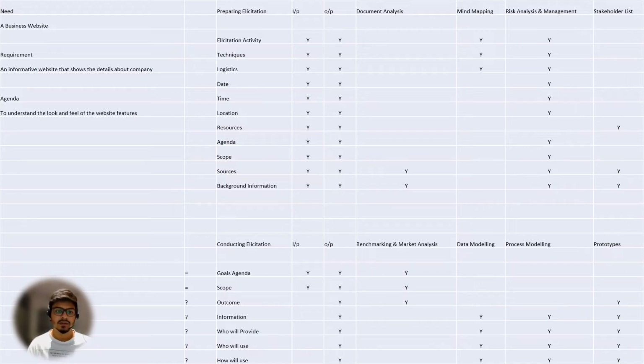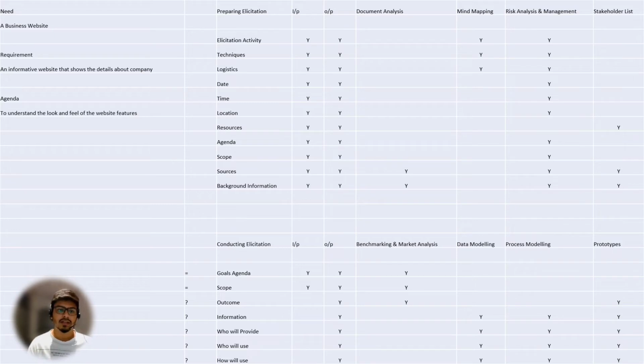The agenda is already set, and that is done by managing and also by risk analysis. The scope here is also managed by understanding what you need. So it's already clear that we need to identify the look and feel. The sources you're looking at here are business domain knowledge, and the background information also comes from business domain knowledge.